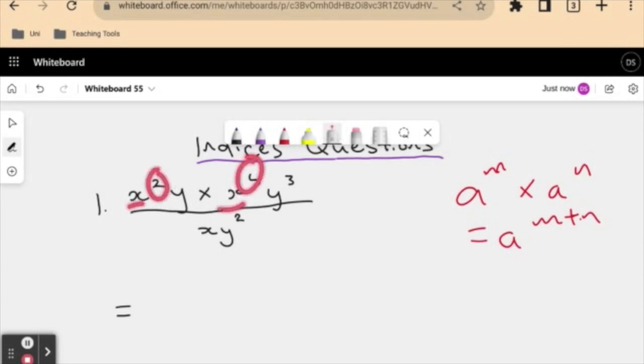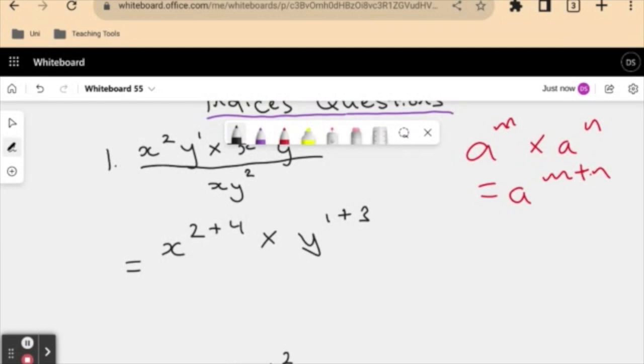Multiplying these two terms together, my powers will add. That's like saying I have x to the power of 2 plus 4, and that's being multiplied by y, and there's no number up here, but we have one y. So we can think of this as y to the power of 1, just itself. And we have y to the power of 3 here. Taking these, we'll get y to the power of 1 plus 3. And this is all getting divided by xy squared.